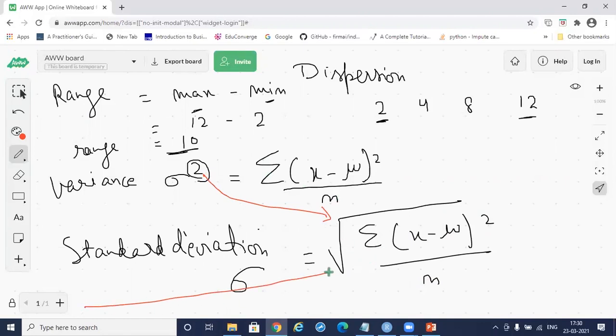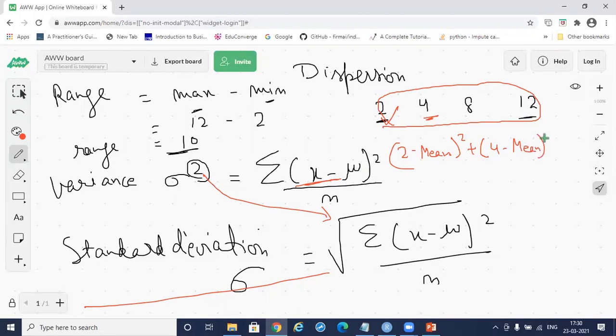Okay, so let's see it with an example. Suppose one is finding the mean of this data, and after the mean, to calculate the variance, one has to take each point: 2 minus mean, squared; then 4 minus mean, squared; plus 8 minus mean, squared, and so on, and divide by the total number n.